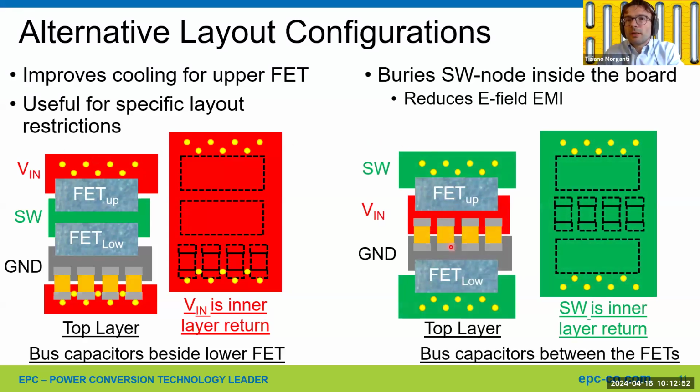And also an alternate layout with the bypass capacitors in the middle. In this case, the return is the switching node, and it can provide some shielding of the switching node since it is laid out in the first inner layer.